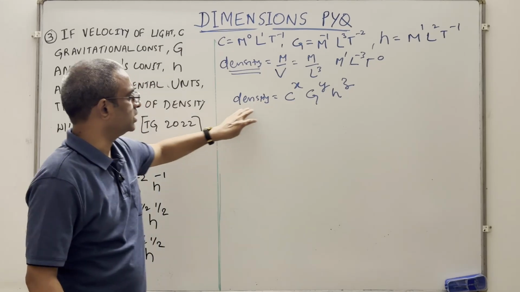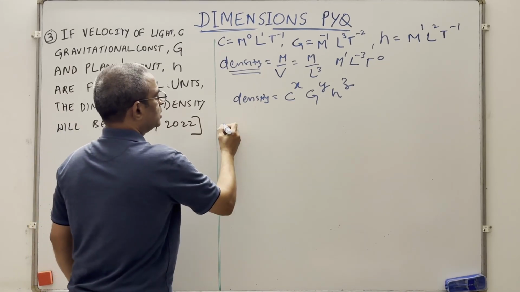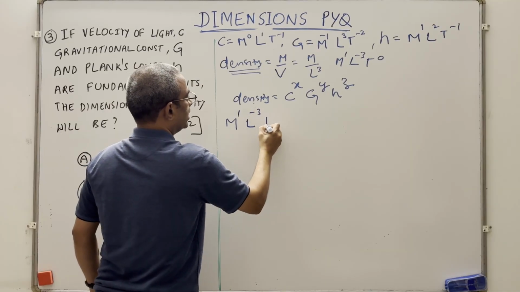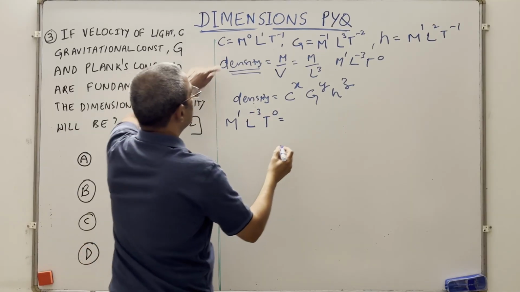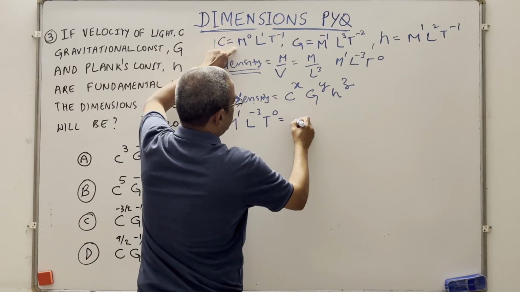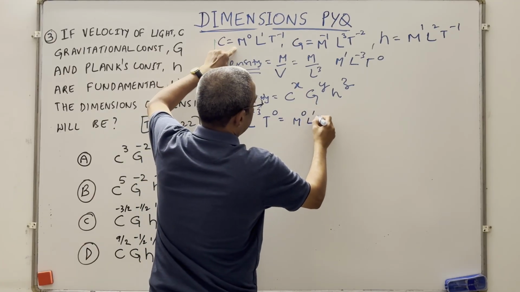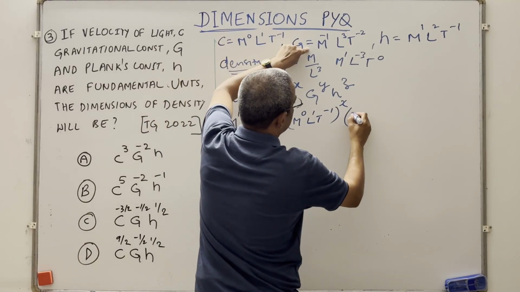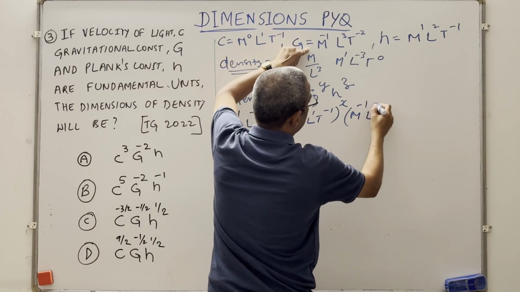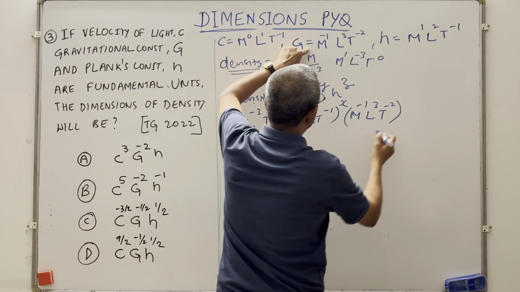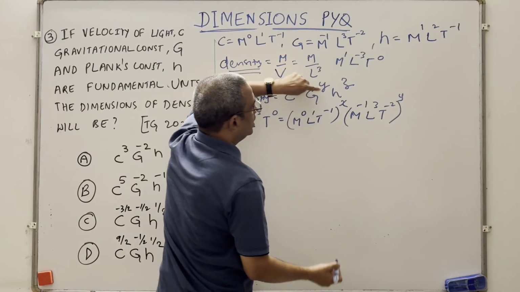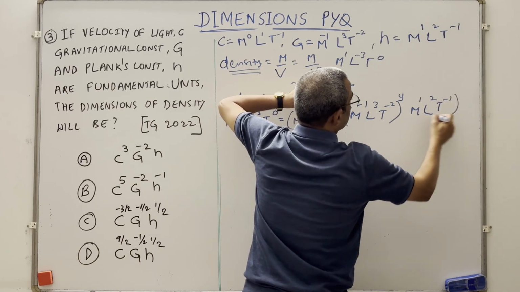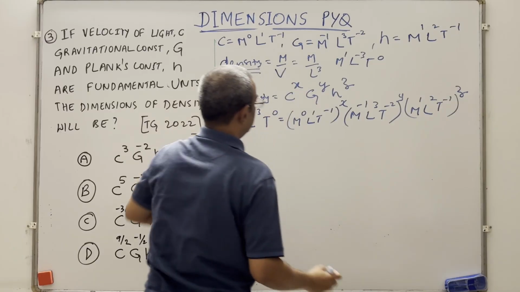Some combination of this will give us density, which means the dimensions of density, M power 1, L power minus 3 and T power 0, is equal to M power 0 L power 1 T power minus 1 to the power of x, into G, which is M power minus 1 L cube T power minus 2 to the power of y, and h is M power 1 L square T power minus 1 to the power of z.